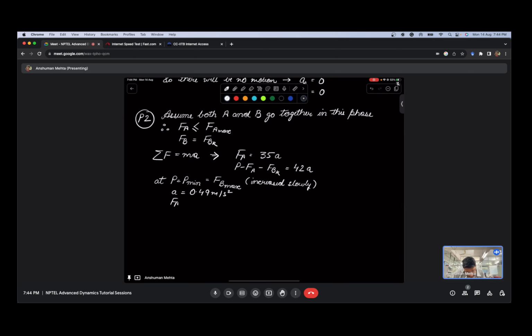So this gives FA is equal to 17.16 Newton. So it's like jumping.